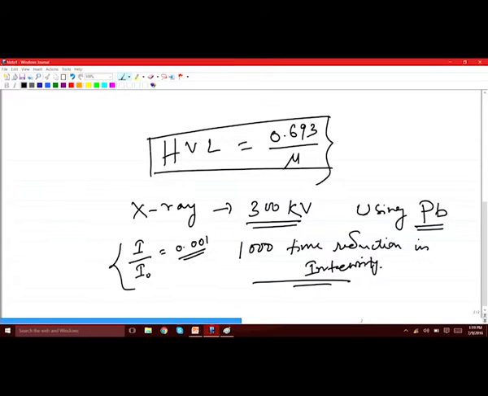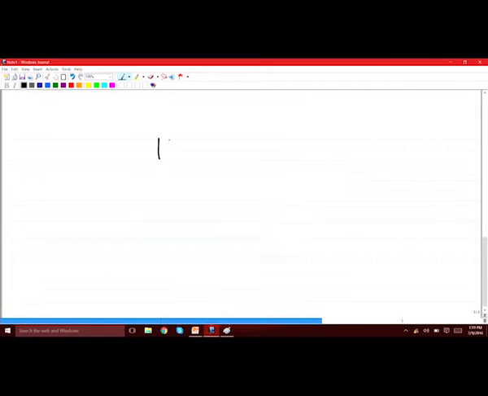So, we need to find out for a reduction of this extent what should be the thickness of the lead sheet, and all I know is the HVL for lead, because as I said for this kind of designing with regard to shielding, this is the parameter which is used.